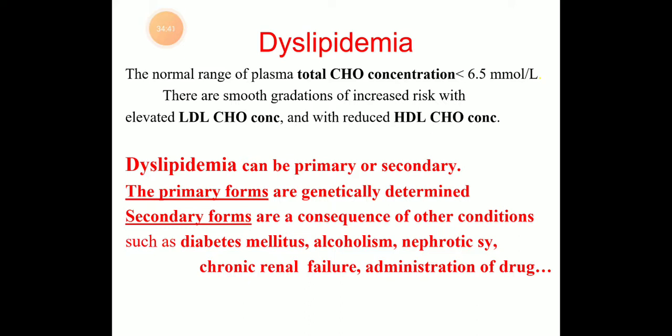So there are different types of diseases which may happen when the normal range of cholesterol is not well maintained, and they can be of the primary forms, which are primarily genetically determined. There are 5 types: type 1, type 2, type 3, type 4, and type 5. Type 1 is basically due to decreased lipoprotein lipase.